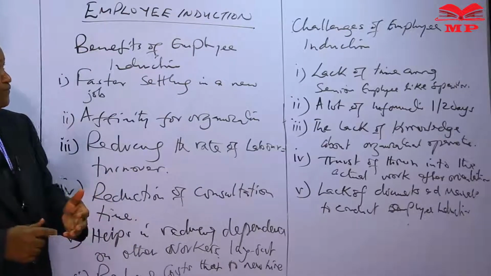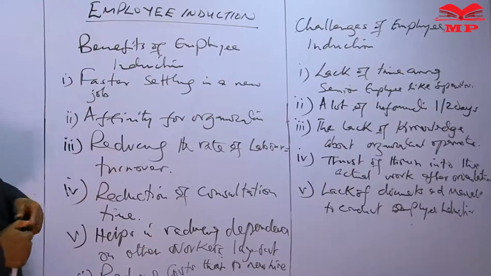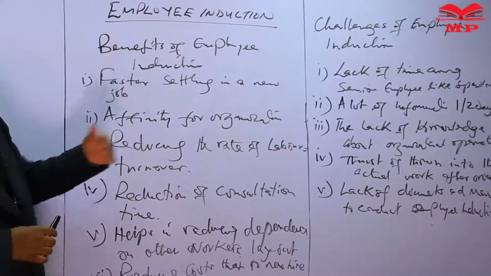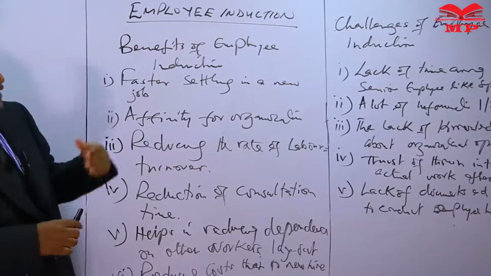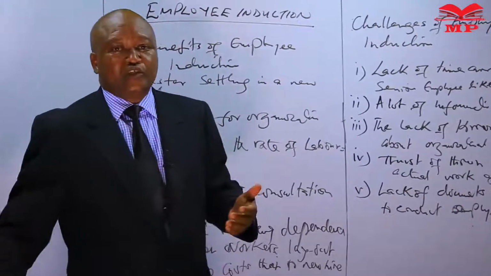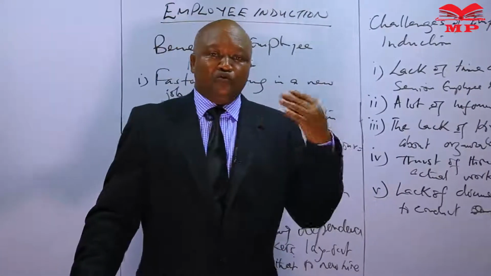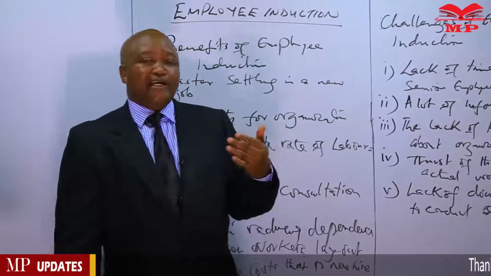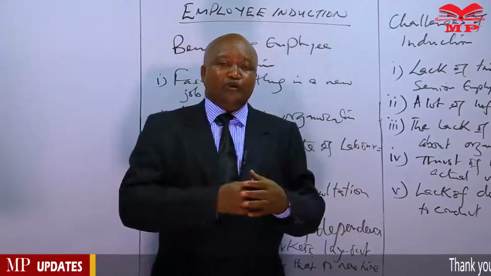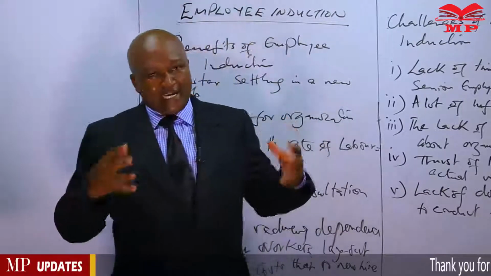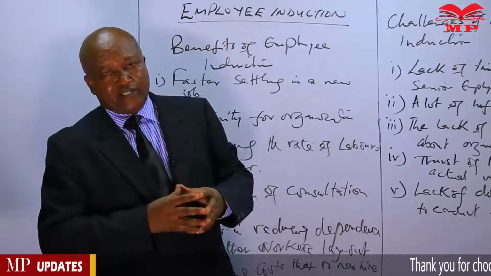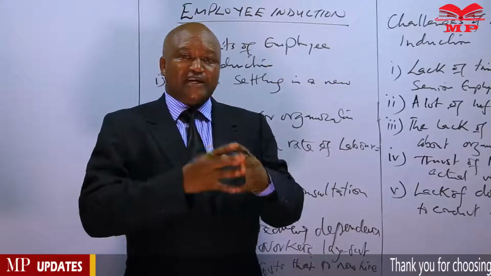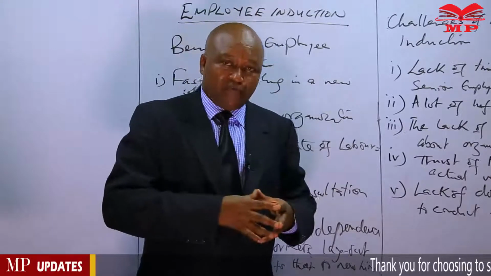So, dear learner, we have looked at the process of employee induction in this particular section of our lesson, and we have seen that employee induction is the process of orienting or culturalizing an employee or socializing an employee to be able to acclimatize to a working environment, to be able to take up the roles that have been assigned at the shortest time possible.